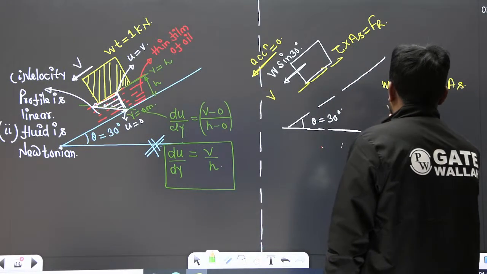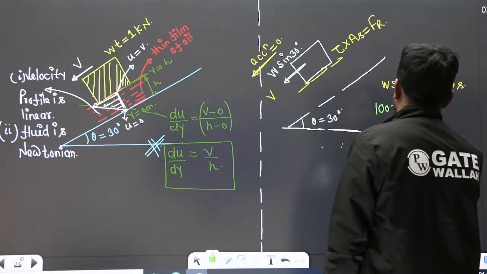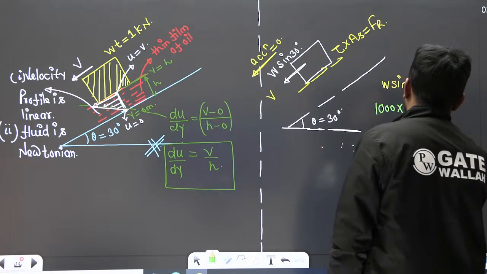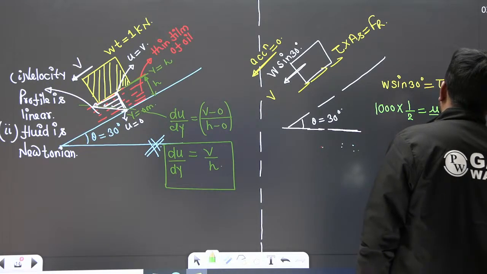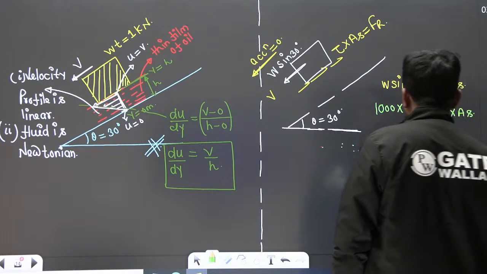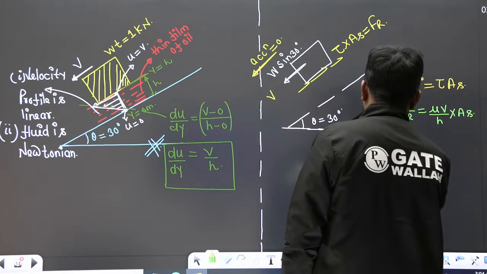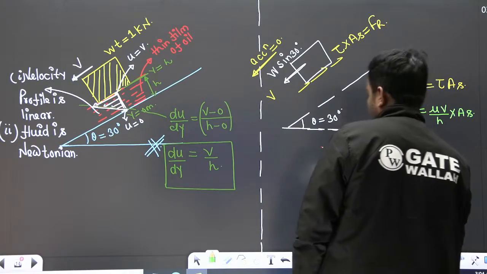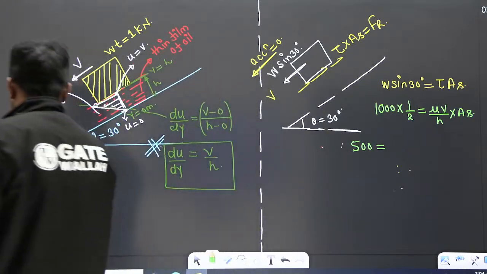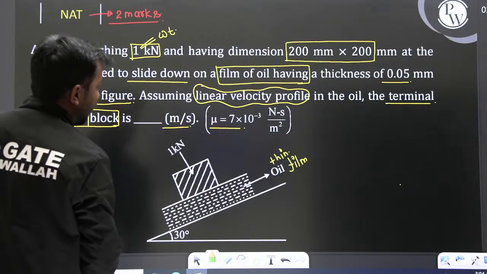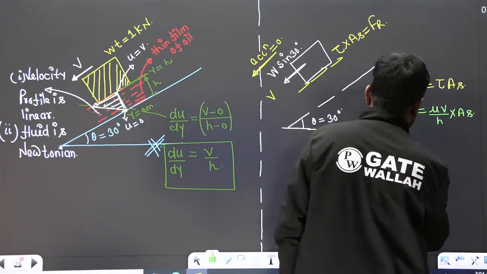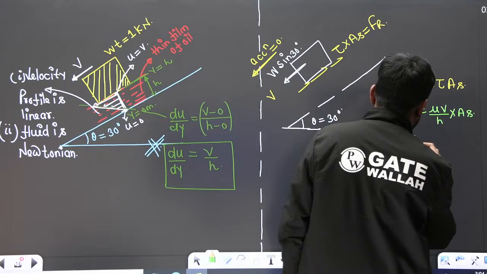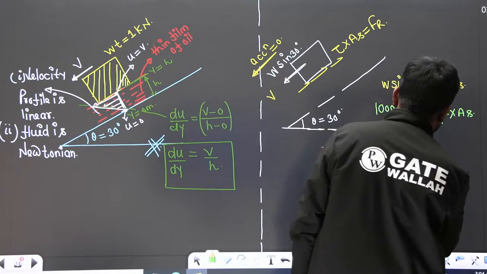W is given as 1 kilonewton, so we write 1000 into sine 30, which is 1 by 2, equals mu, velocity divided by h, multiplied by surface area. So this will become 500, and mu is 7 into 10 raised to the power minus 3, and terminal velocity we need to determine.